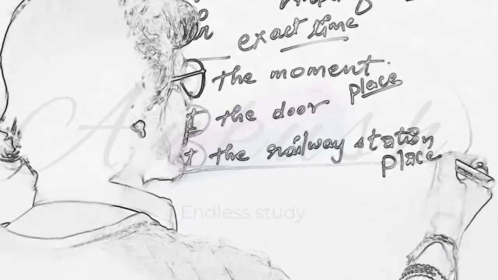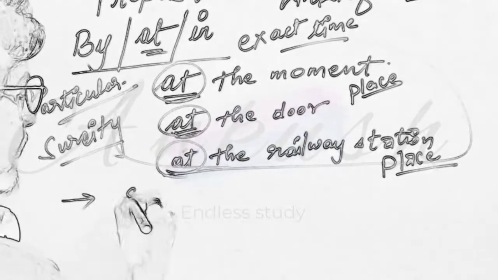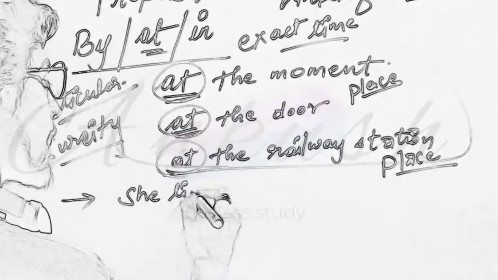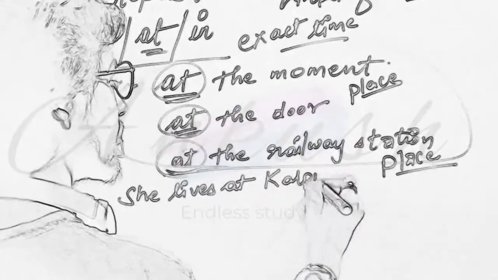At the railway station, we are talking about a particular position or place. So these are the different uses of at. And it is used to denote small places like she lives at Kalpi.